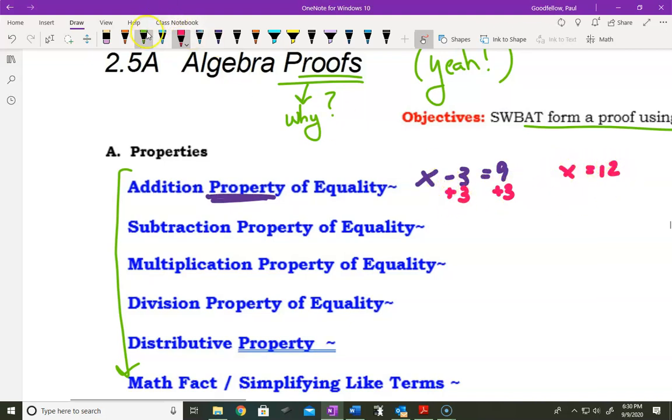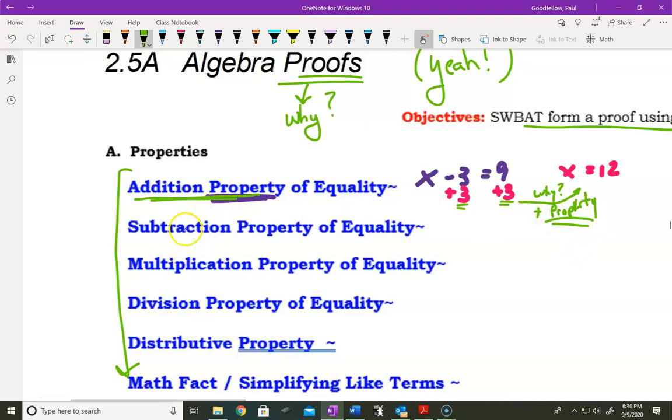Well, the process that took you from the original to adding 3 on both sides and then getting that answer was the addition property of equality. So this little why concept, the addition property, is what allowed you to do that. Now, that's what we're going to be explaining when it comes to your algebra proofs. We've got to come up with the whys.